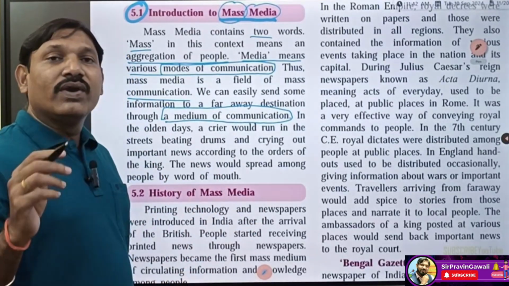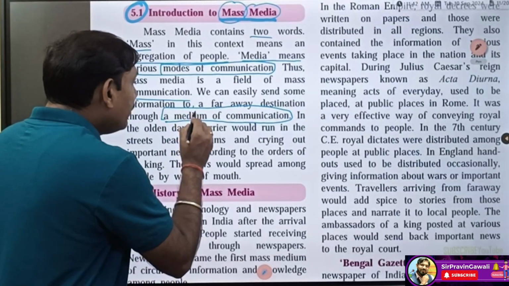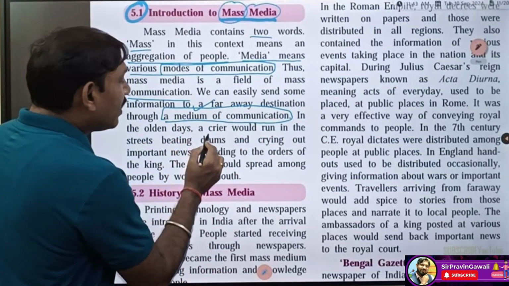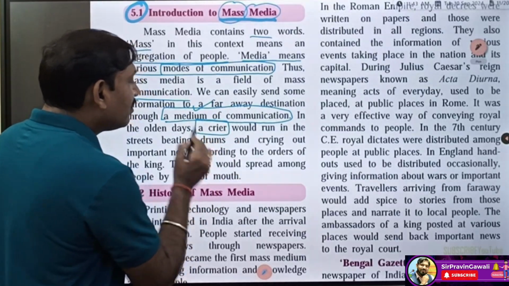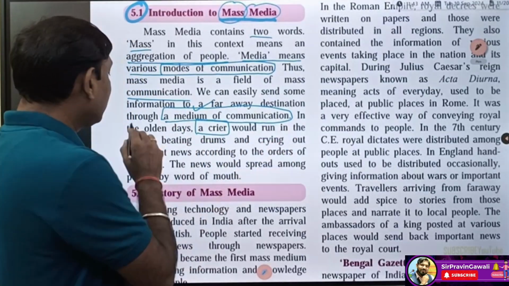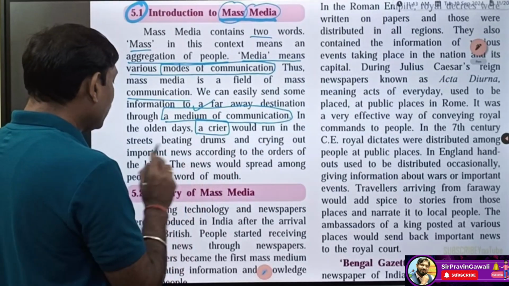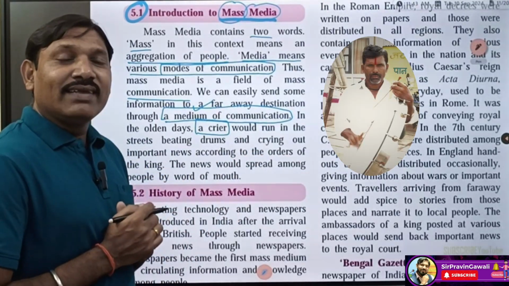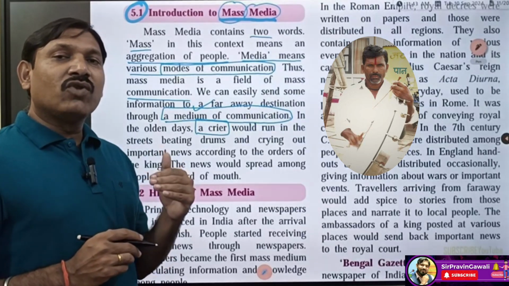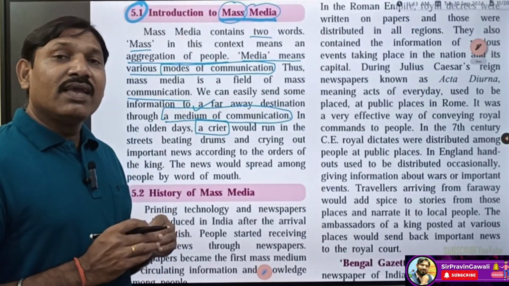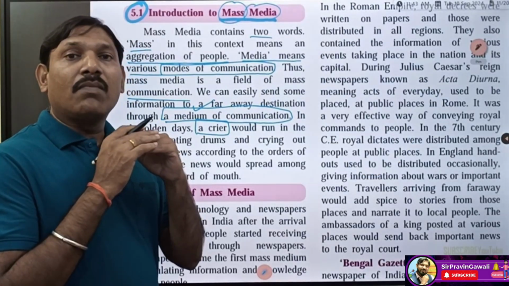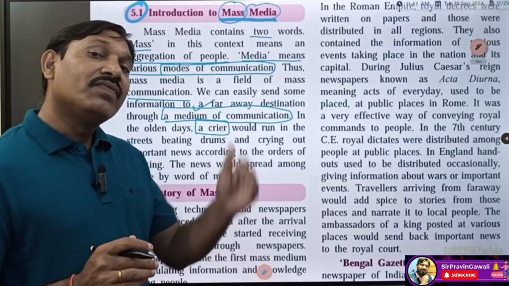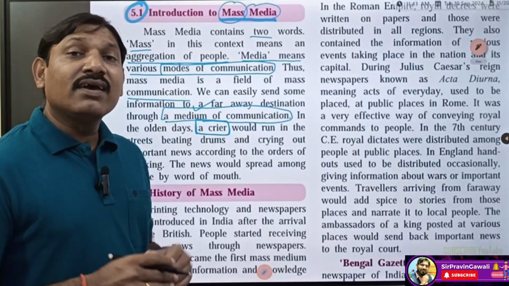But if you want to do any kind of communication, different kinds of mediums can be used. Okay, in the olden days, a crier, see, students, this is very important, would run in the streets beating drums and crying out important news according to the orders of the king. In the olden days, if you want to communicate individually, letters can be sent. But if you want to communicate with the mass of people, the villagers, then in olden days a crier was used.